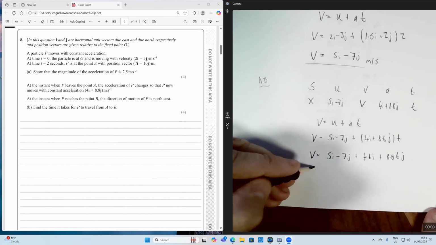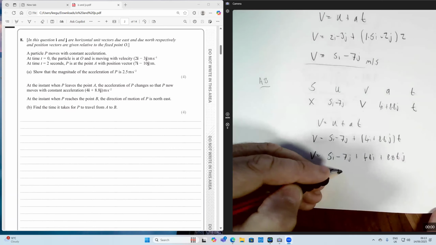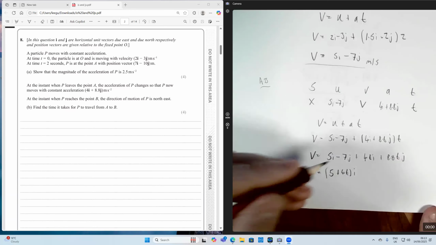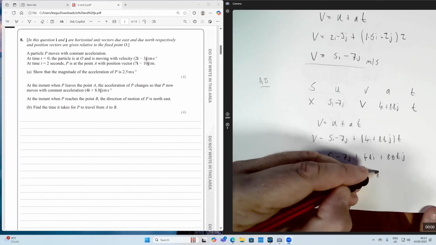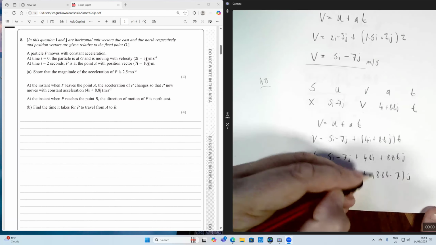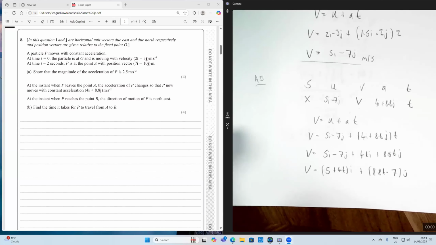And then I'm going to gather together my i's and my j's. So (5 plus 4t)i, and then plus (8.8t minus 7)j. So I've just gathered together the i component and the j component.